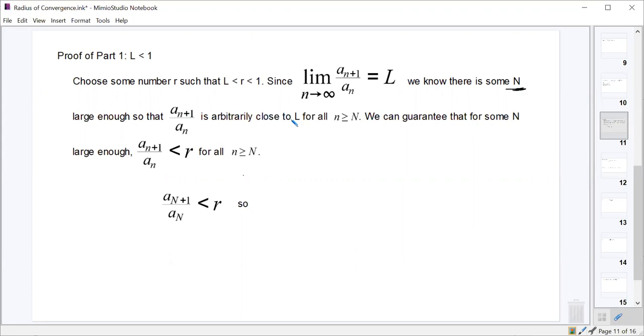And so if L is just a number that's less than 1, some arbitrary number that's less than 1, I should be able to choose another number, and we'll call it R, where R is more than that value of L, but still less than 1. Would you all agree that if L is just some number less than 1, I should be able to choose some other number between L and 1 and call it R?